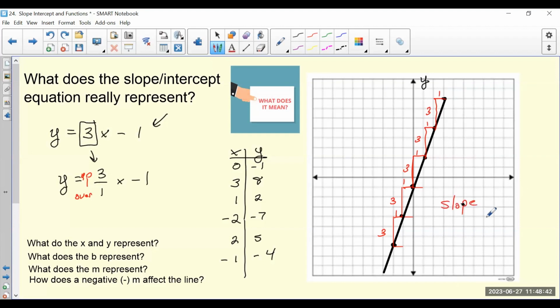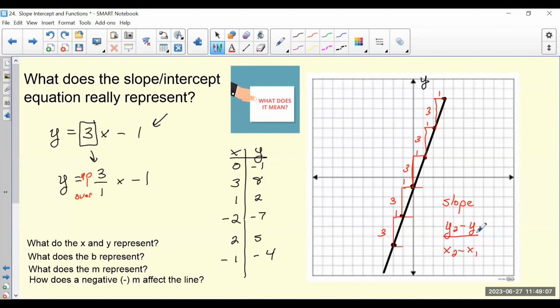On your GED, what is that got on there? Slope on your GED equation sheet is defined as y2 minus y1 over x2 minus x1.